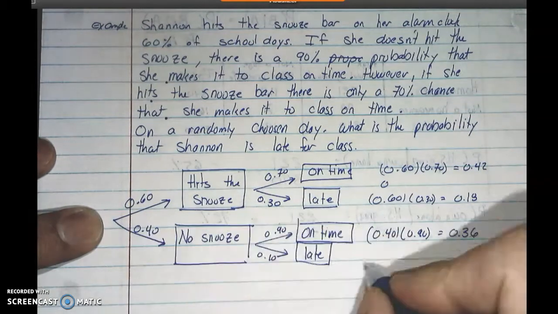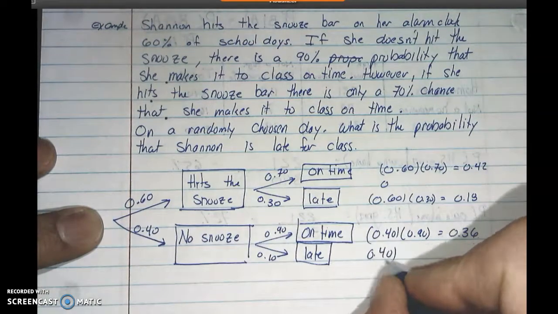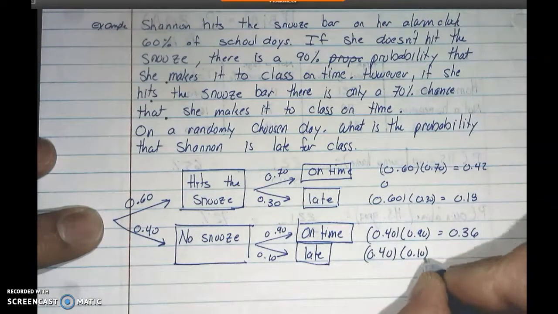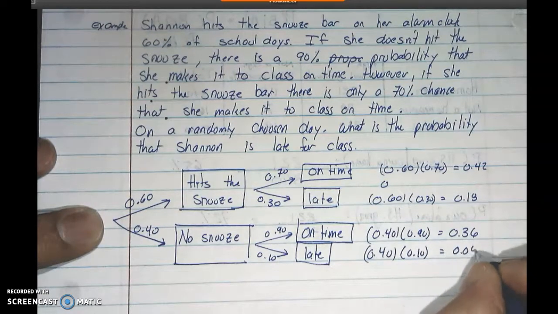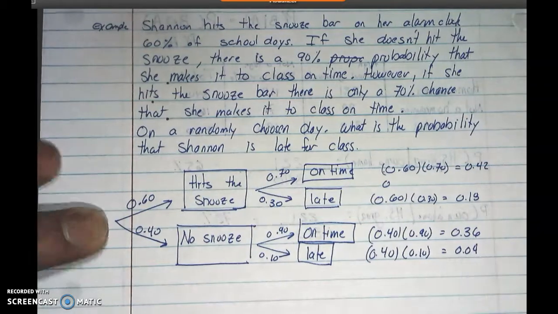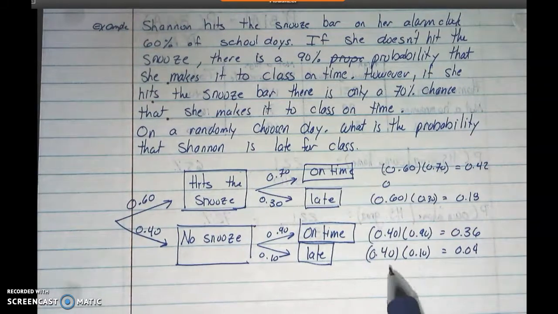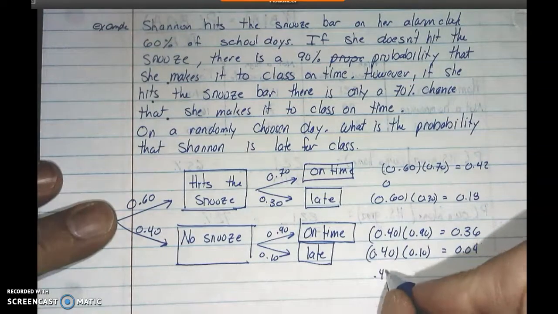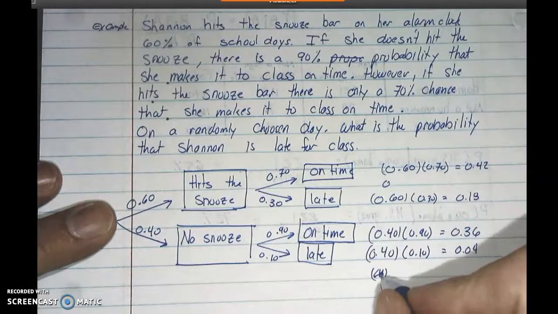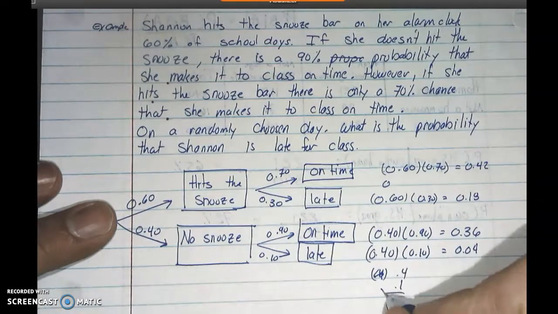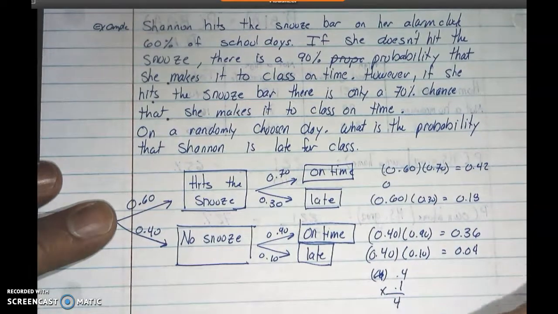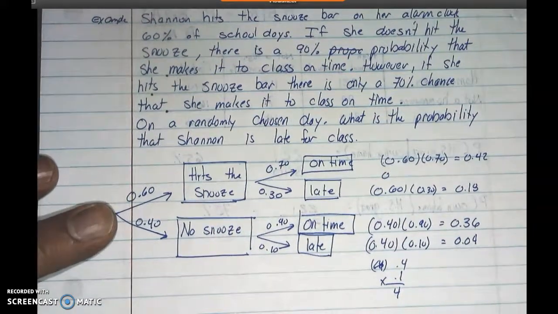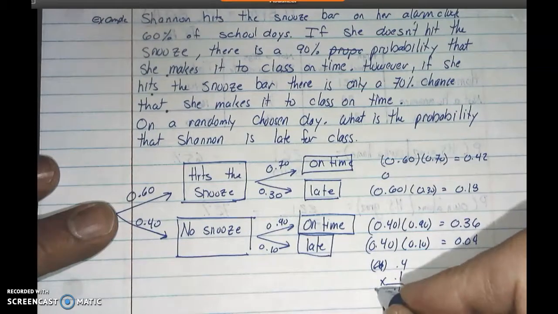Then I followed this. I got 0.4 times 0.1. So that's 4. How many numbers after the decimal do I have? I've got to put a 0 there so I have two numbers after the decimal.